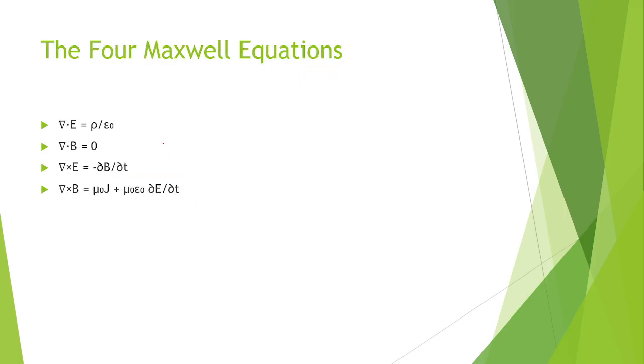Okay, these are the Maxwell field equations. This is the divergence of E is rho over epsilon naught. The divergence of B is always 0. The divergence of E is 0 outside the source.